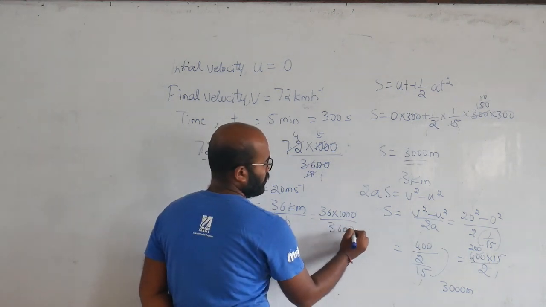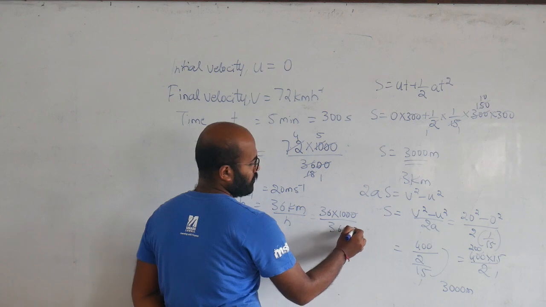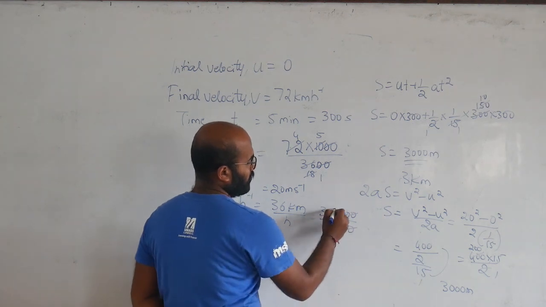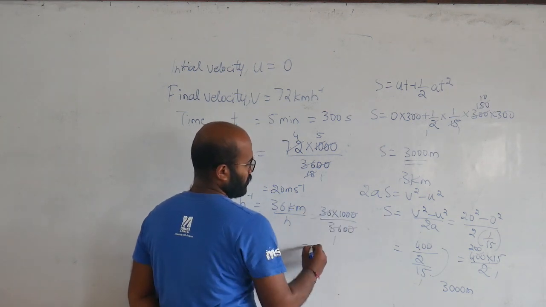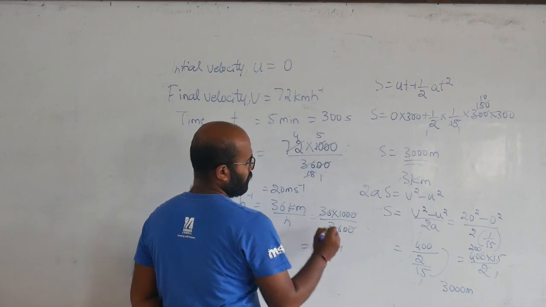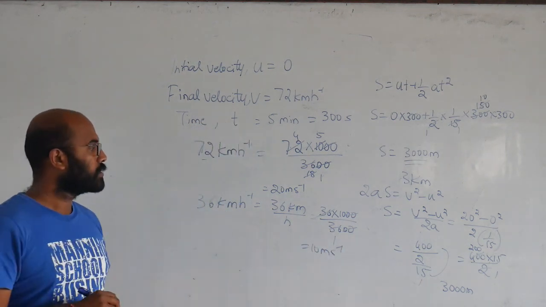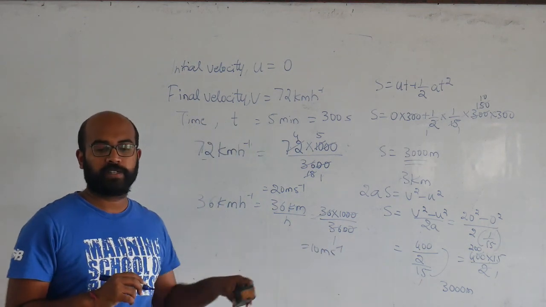So 3600 and zeros cancel, 36 ones are 1, so that is 10 meters per second. This is how we need to do the conversion.